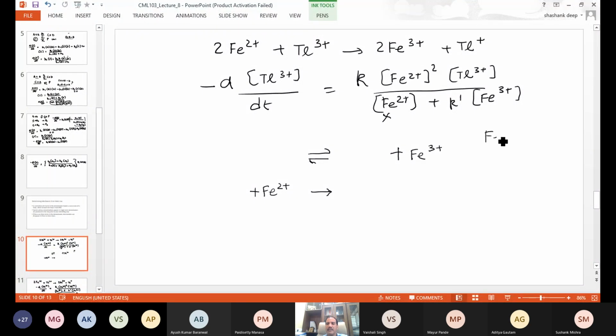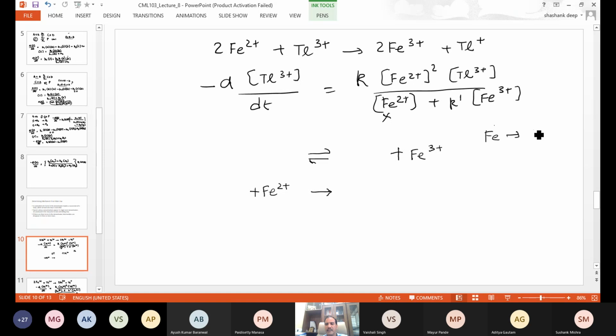How many iron should there be? You see here, how many iron here? 2 iron, am I right? Because this is square and there is 1 here. So how many left? 1 iron.